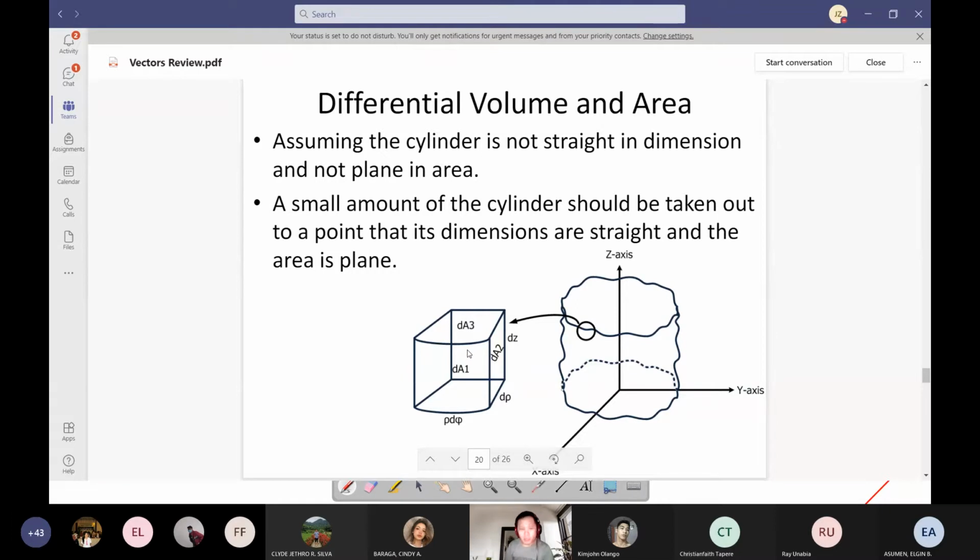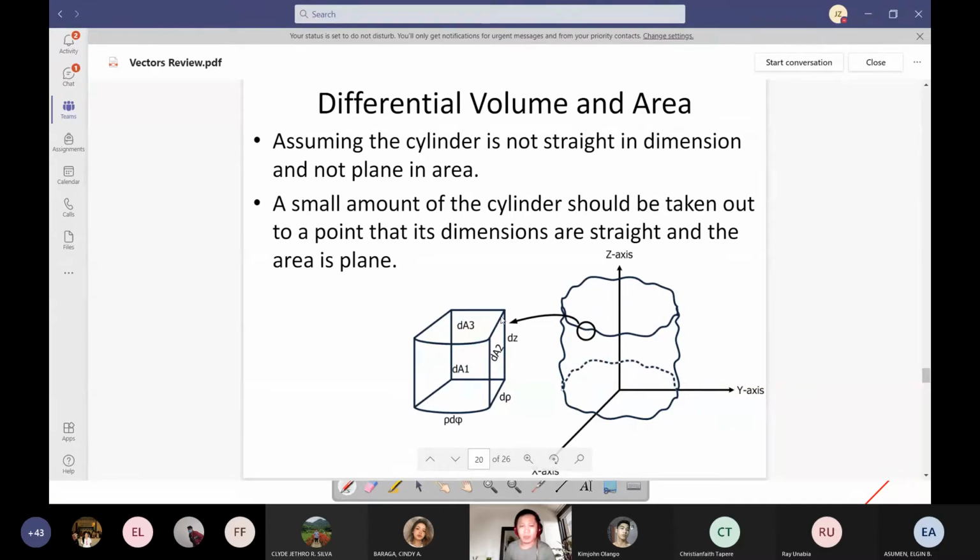So because of its smallness, it can become like a straight line, like a plane. This curve here, because of its smallness, looks like it is straight. So this curve here, I only show it as a curve, but in actuality, because of the smallness, you can no longer make out that it is a curve. So it just looks like a straight line. Okay? So since it looks like a straight line, all its dimensions, because of the smallness, we can directly use length times width times height now, okay? Everything is straight. So we can now use length times width times height if we want to get the volume of this very small part of our cylinder.